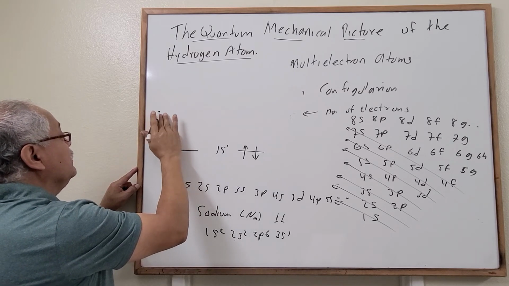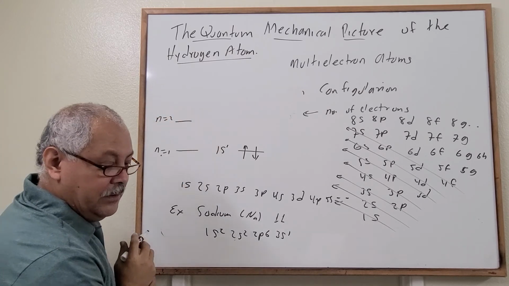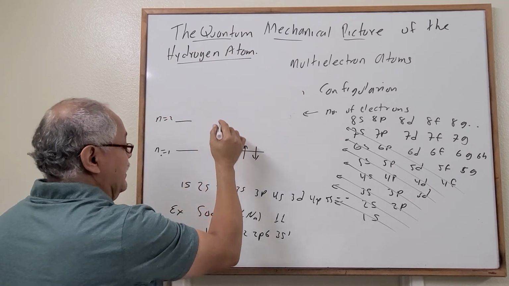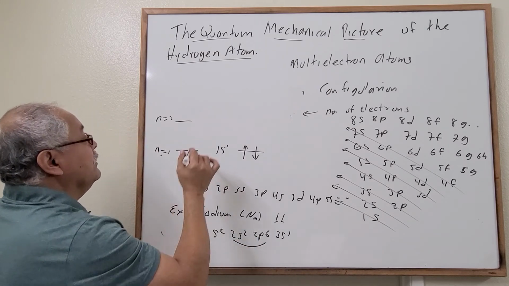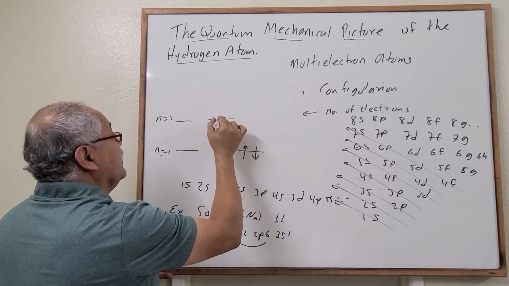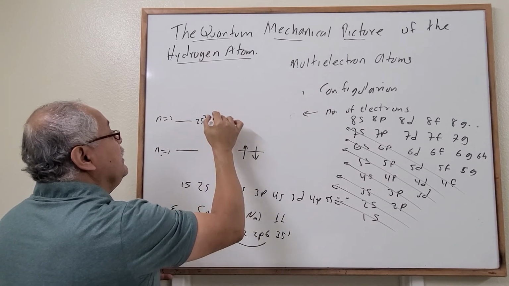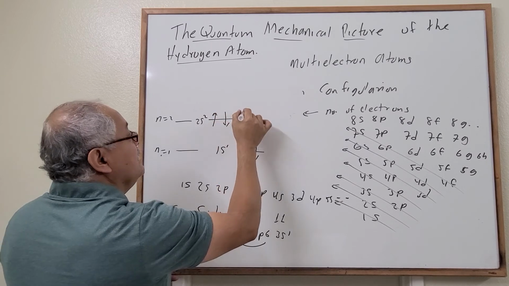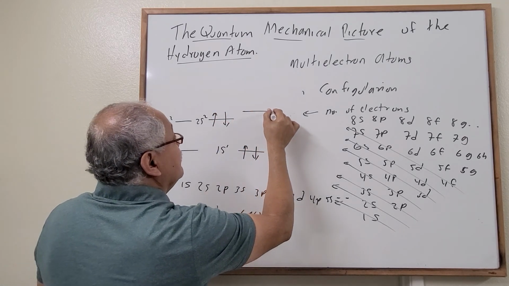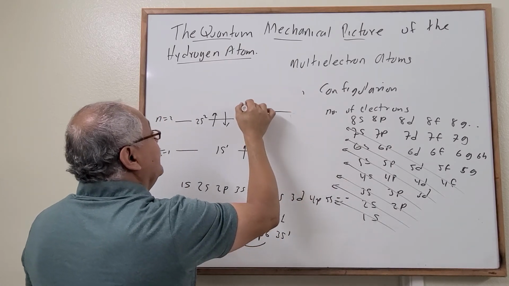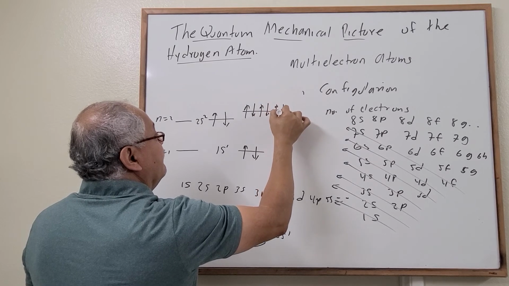For n equals 2, what do we have? This is the level right here. And in this case, we have two orbitals. Correct. It's going to be 2s2 actually. Spin up, spin down. We have the next one. It has 6. This one has 6. Correct. It's going to be 1, 2, 3, 4, 5, 6.